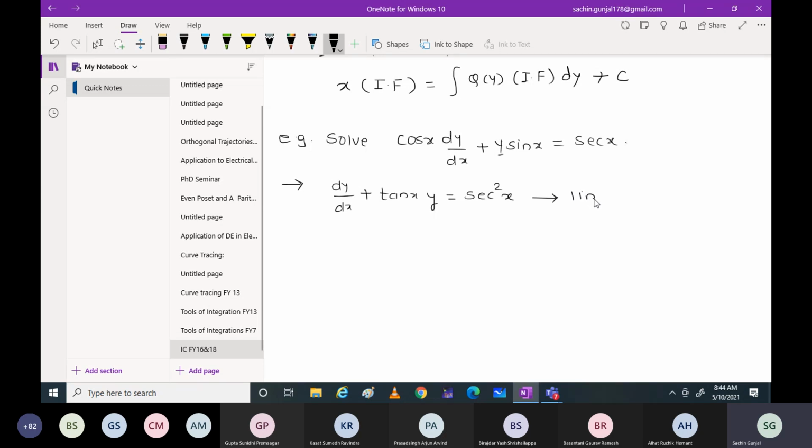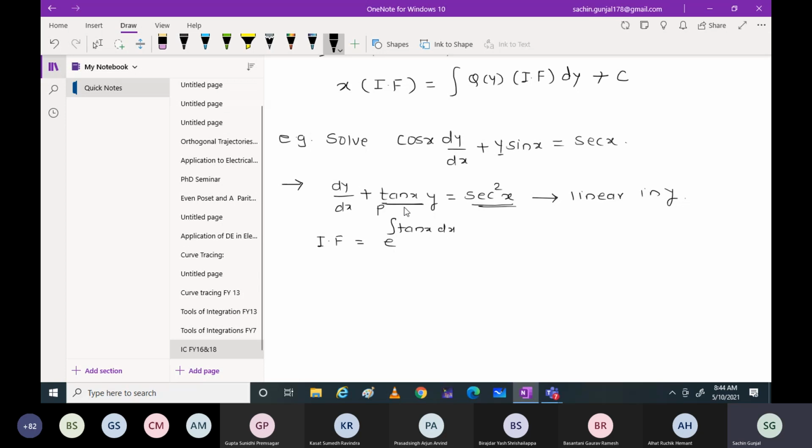So this becomes linear in y. So what is its integrating factor? Integrating factor is e raised to integral tan x dx. P of x is tan x, and this is q of x.